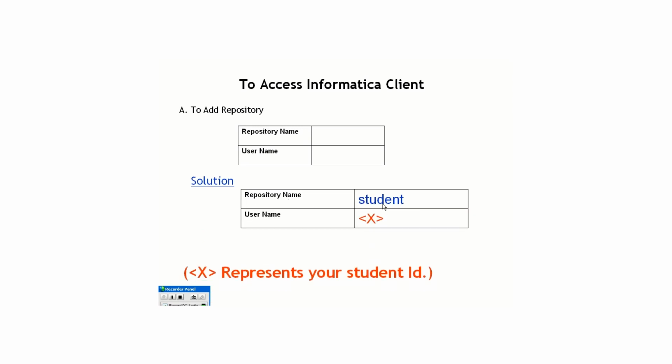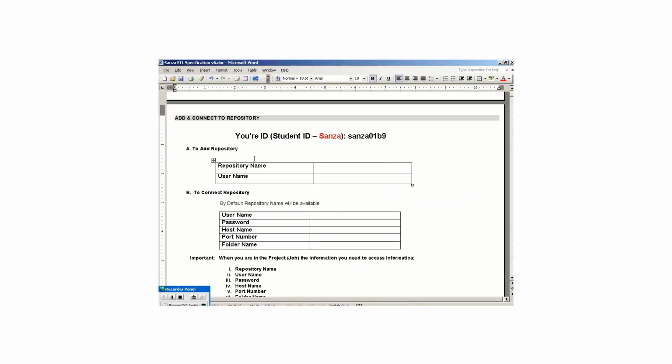So add the repository name as student and username as your ID. Please write it down in your ETL specification document. Under add repository, you enter here student, small letters, and enter the ID, small letters, whichever we have provided you. That will be your username.